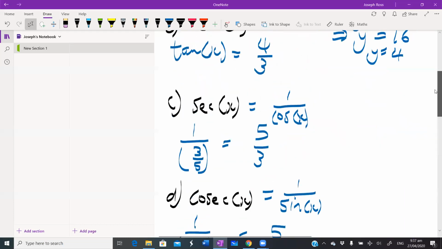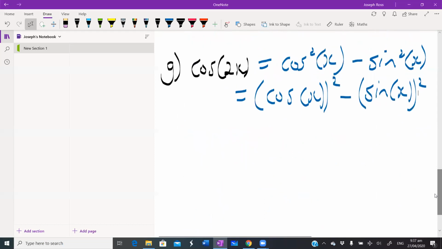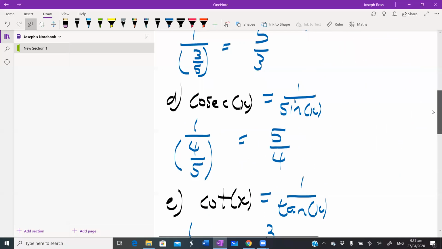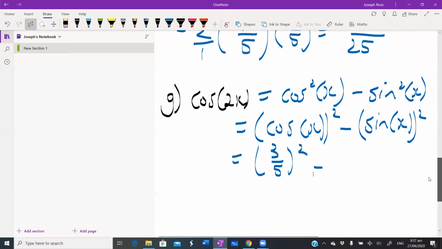Now cosine of x, going back to the original question, was 3 over 5, and that's squared. And sine of x we found in part A of the question to be 4 over 5. So 3 over 5 squared minus 4 over 5 squared. Now, if we're squaring a fraction, we just square the top and square the bottom.